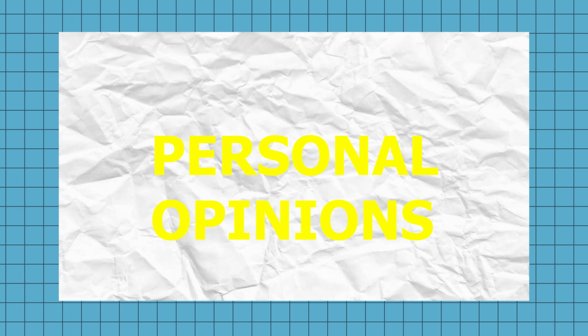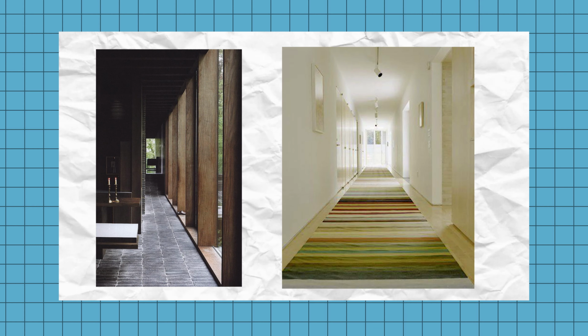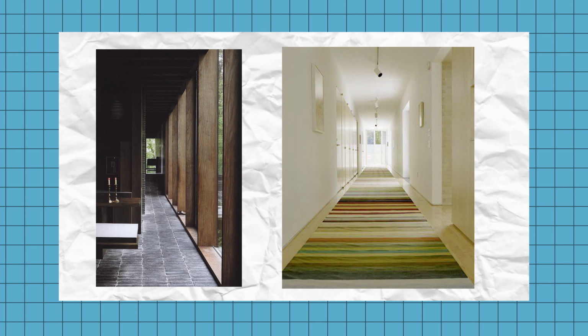This can be things like taste and personal opinions unique to each individual that lead to a different judgment and experience. A corridor that is paved with a certain type of tiles or is furnished with some type of carpet can evoke different emotions based on the person and their own human experiences in life.